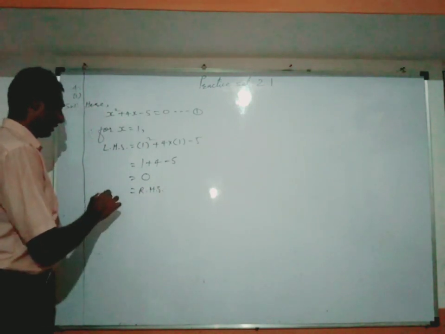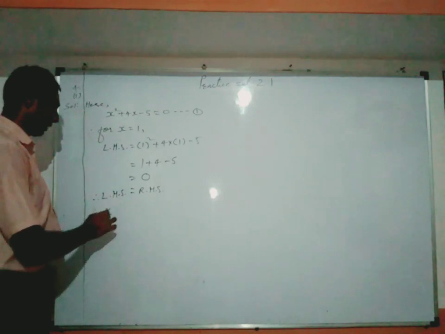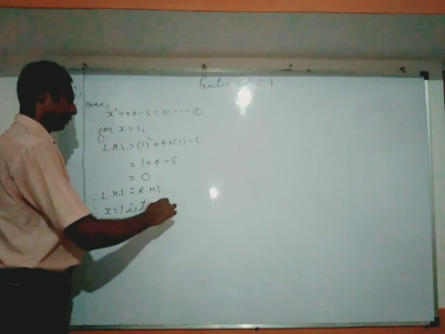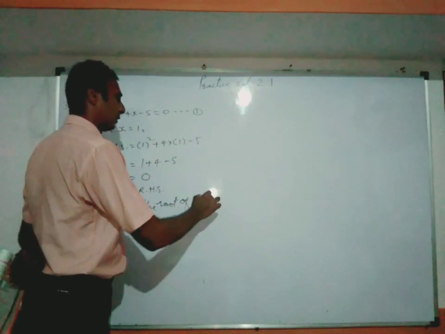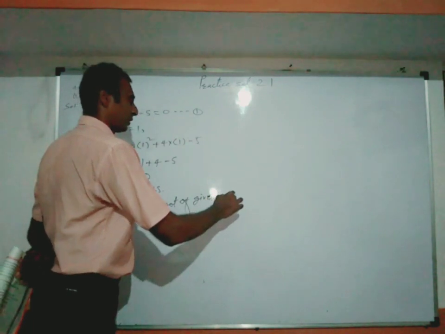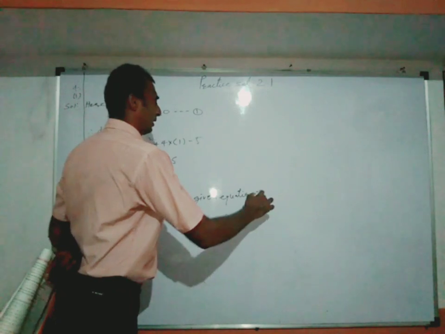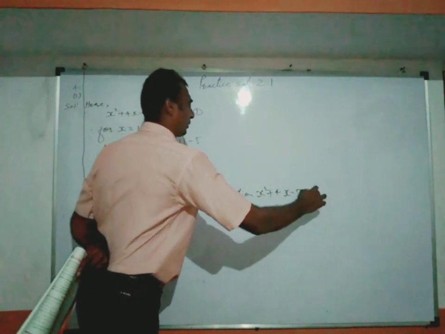Therefore LHS equals RHS, and therefore x equals 1 is the root of the given equation, x square plus 4x minus 5 equals 0.